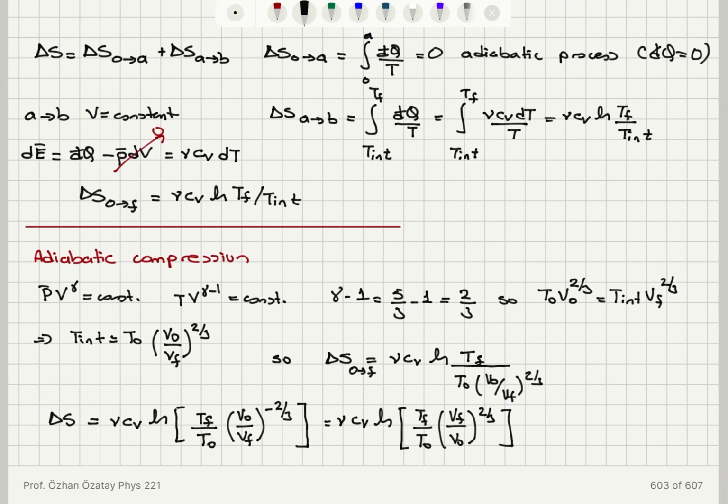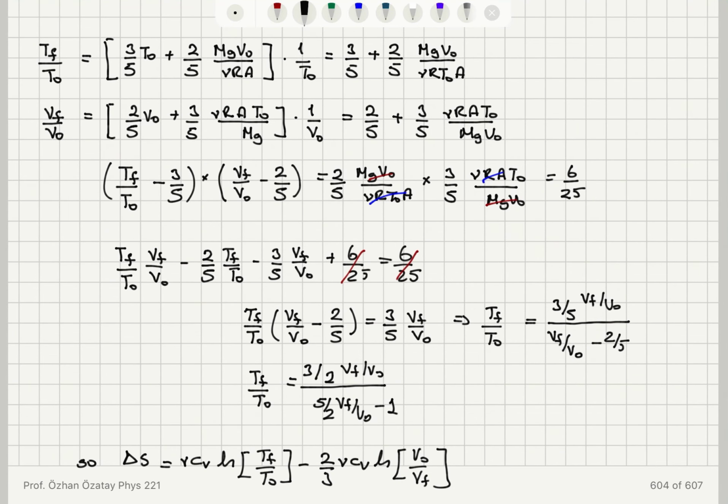So I basically find that the intermediate temperature is T0 times V0 over V final to the power 2 over 3, and the entropy change is nu Cv ln T final over T intermediate, so I substituted that here, and I find that I need to know the ratio T final over T0 and V0 over V final to the power minus 2 over 3 to calculate the entropy change.